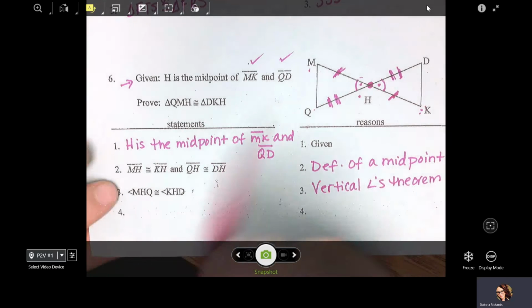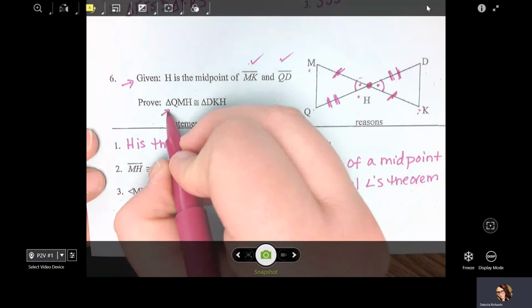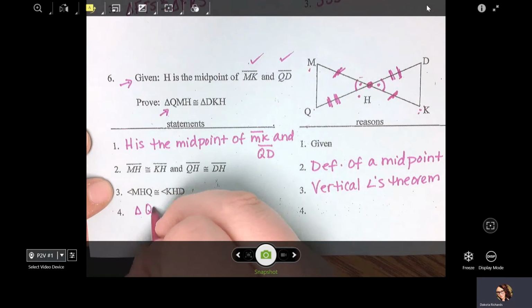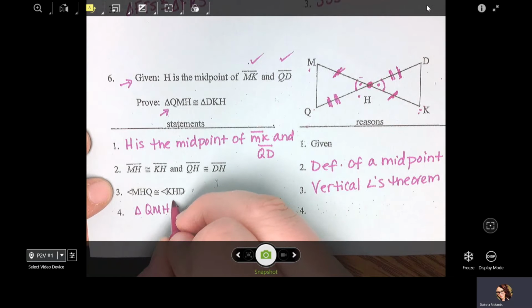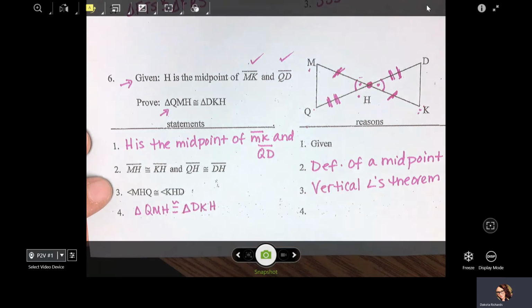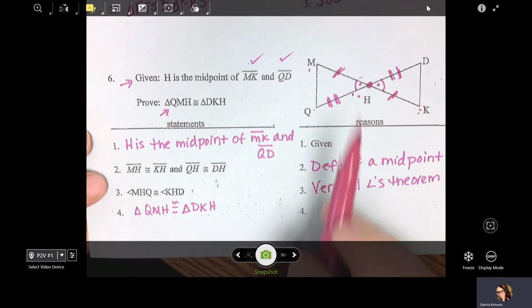And then your last statement is always what you were trying to prove. So you literally just copy this down. Triangle QMH is congruent to triangle DKH. How do we know that? Well, let's see what we're given. We're given two sides and an angle.